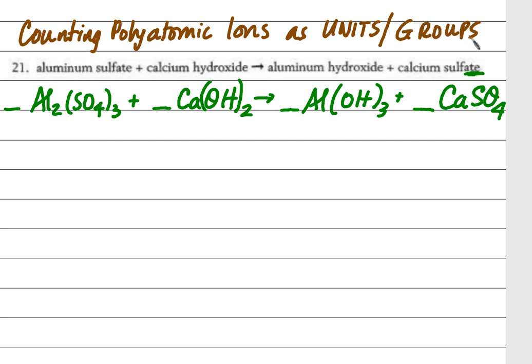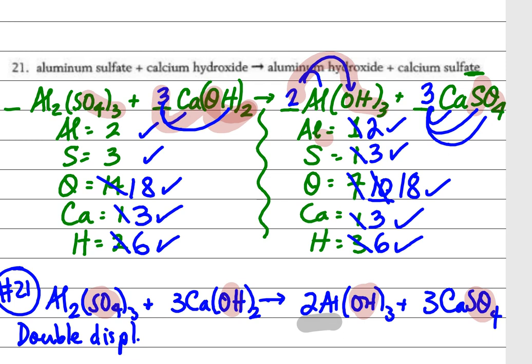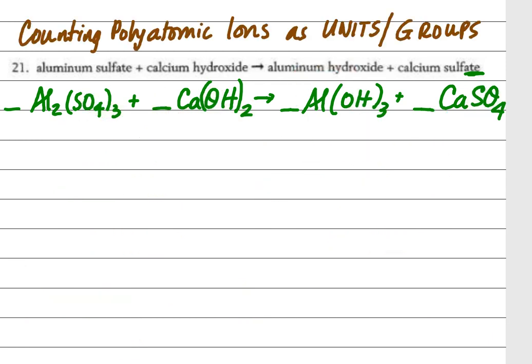Once you learn this technique of balancing, you're going to be able to balance many of these double displacement and single displacement reactions very quickly. Remember how long that took the other day? We were counting up to number 18. Look at that. We're counting up to 18 oxygens. Today you're going to learn that you can apply this technique called counting polyatomic ions in groups.